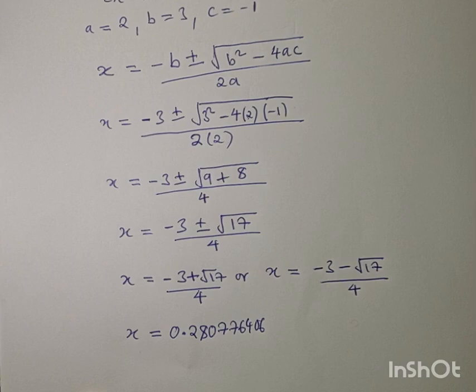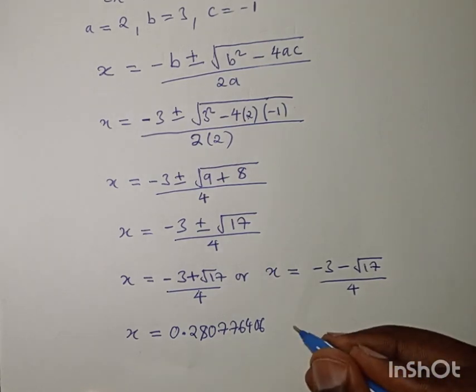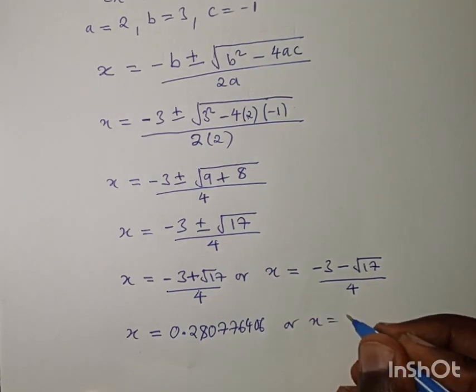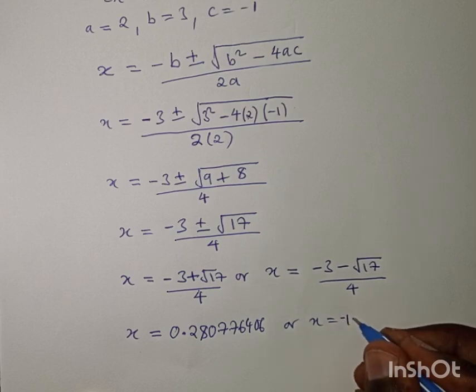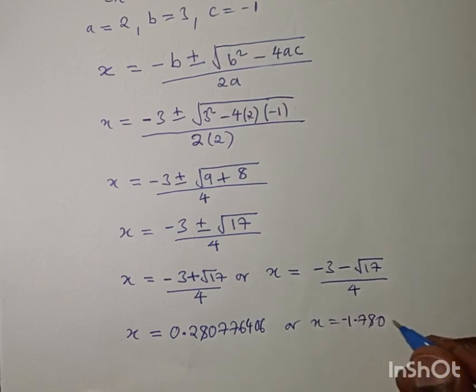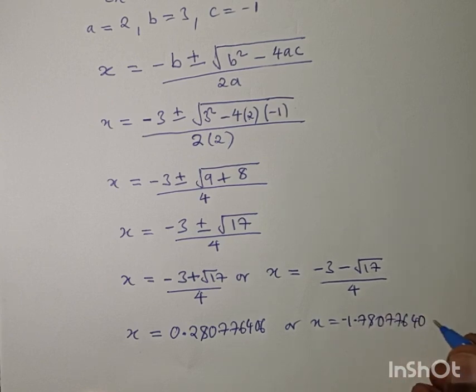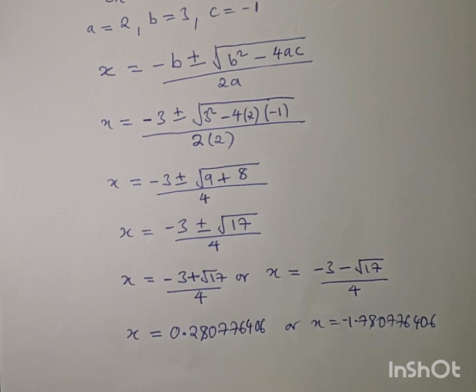So you get negative 1.780776406. We can round off our solutions to 3 significant figures.